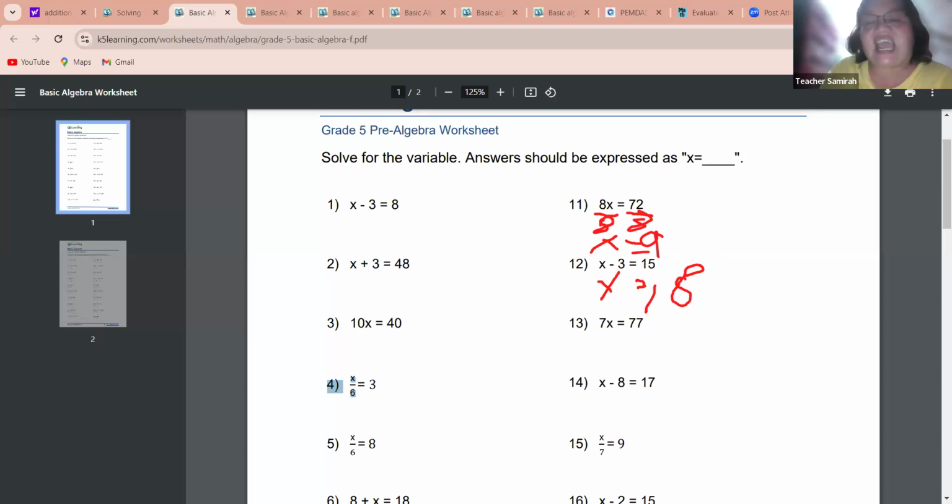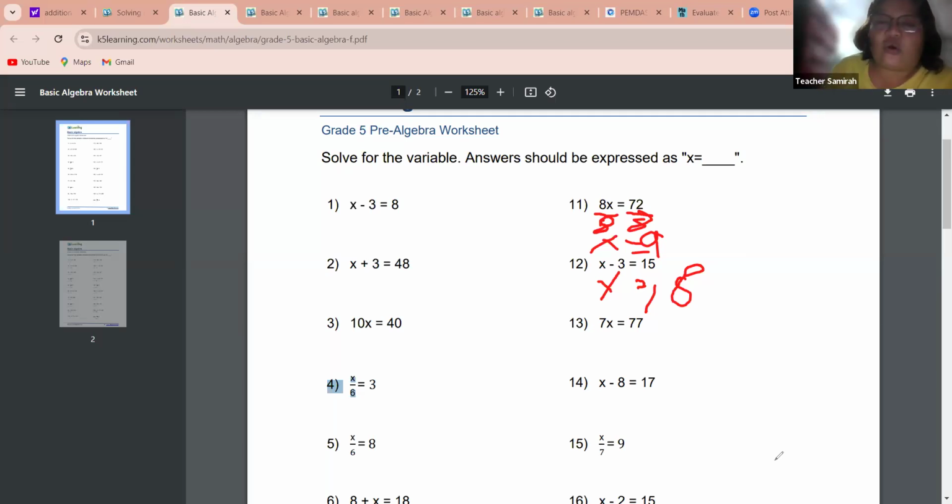We divided 77 by 7. Right? Therefore, the answer is x is equals to 11. How about number 14? 8x minus 8 is equals to 17. X minus 8 is equals to 17. The answer is 25.